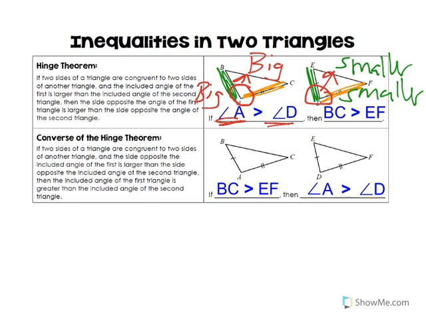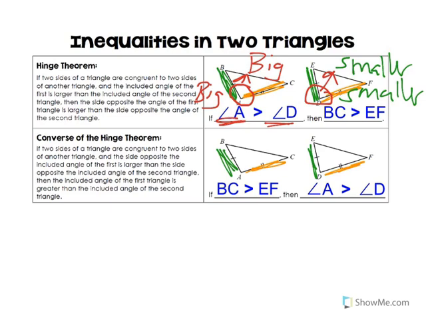And then you can also reverse it and compare the angles. So, once again, starting off with two triangles that have two sets of congruent sides. So that's what we're looking at right now.